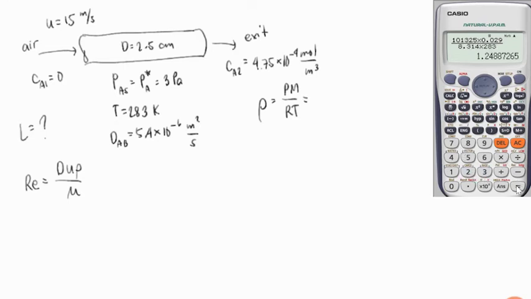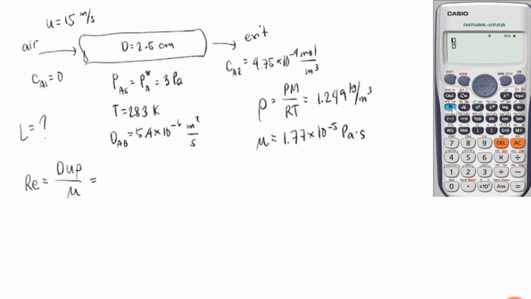Our density is 1.249 kilograms per cubic meter. Next, for the viscosity, evaluate this using the tables in the handbook. This is 1.77 times 10 raised to negative 5 pascal seconds at 283 Kelvin. Now we can solve for the Reynolds number.